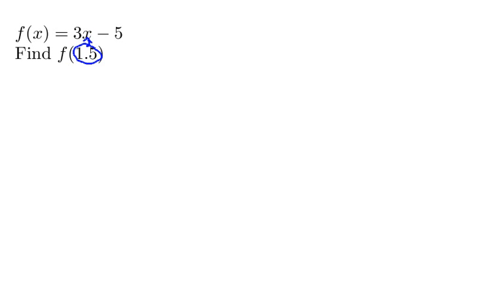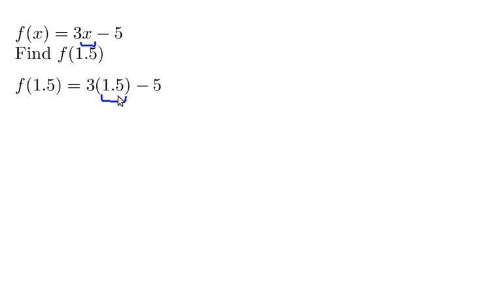So that means we're going to have that f of 1.5 is equal to 3 times 1.5 minus 5. And notice something. This is kind of a habit. It's not always necessary, but it's a good habit. I put the 1.5 in parentheses here, because when we say 3x, it's very important to understand this means 3 times x.